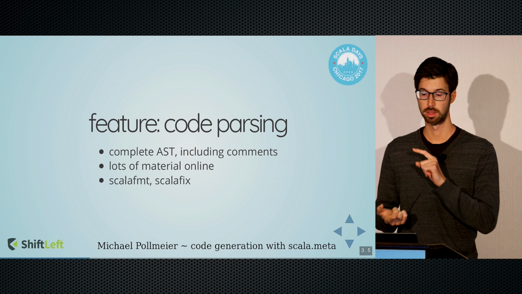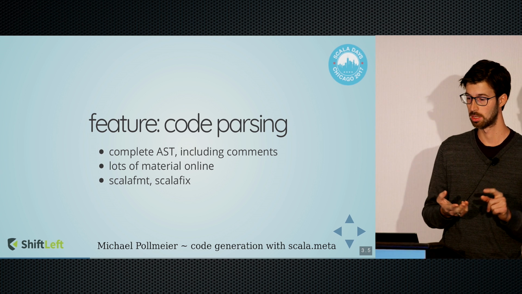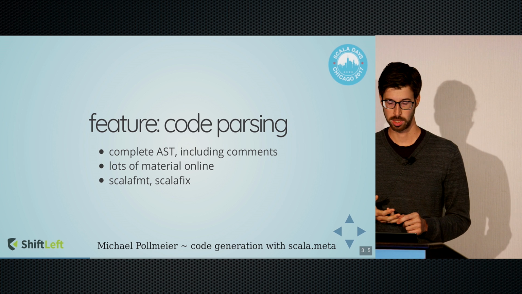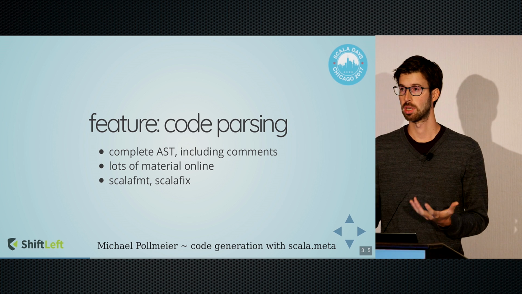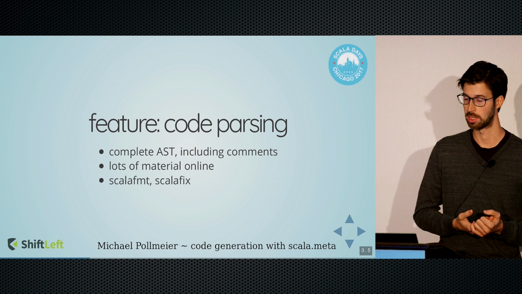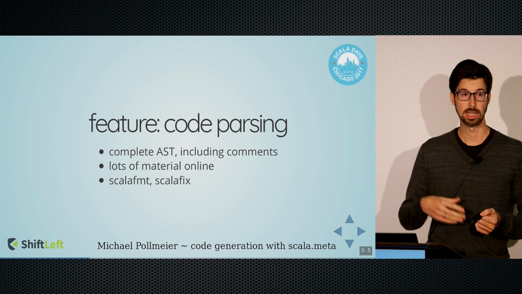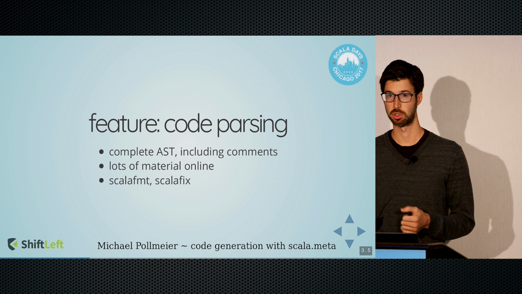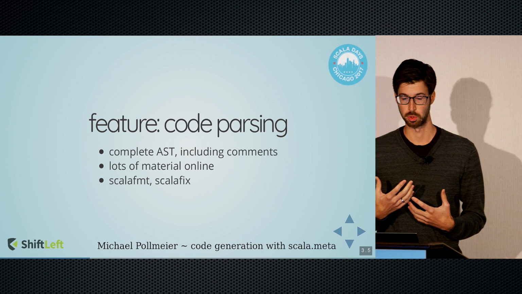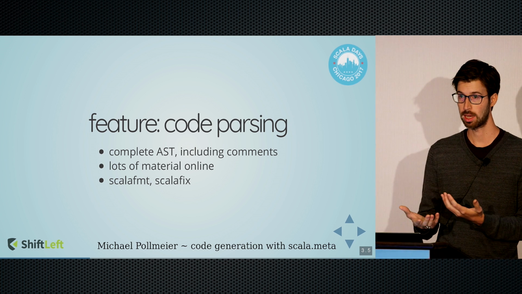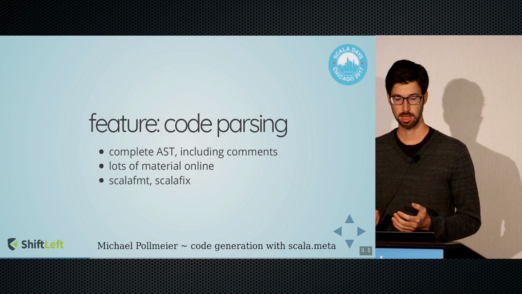So you get all the white space, all the comments, all the Scaladoc is a comment anyway. You get everything just as it is, as tokens and trees, which is really cool, and enables tools like scalafmt, which allows you to apply style information to your code automatically.